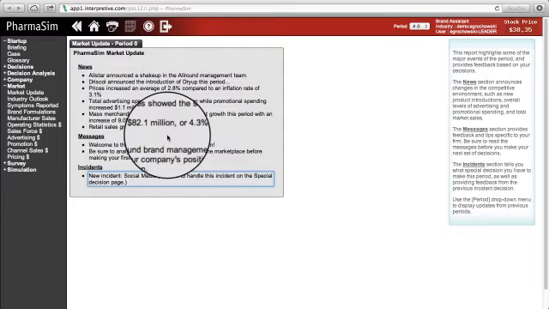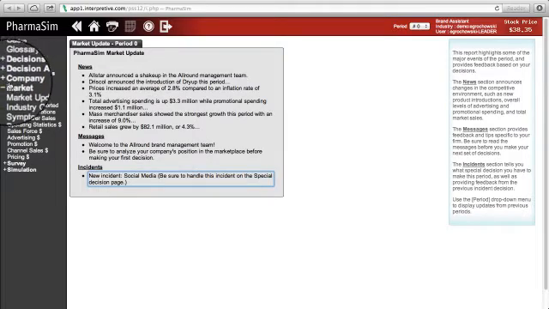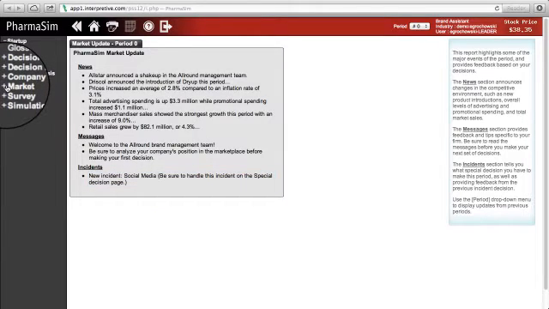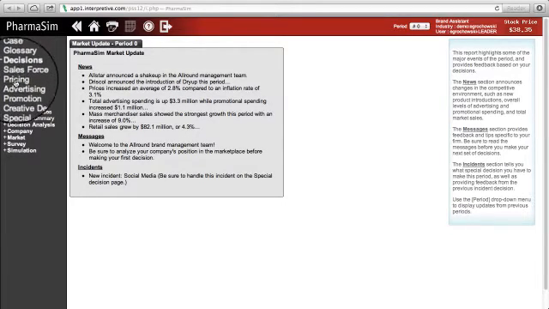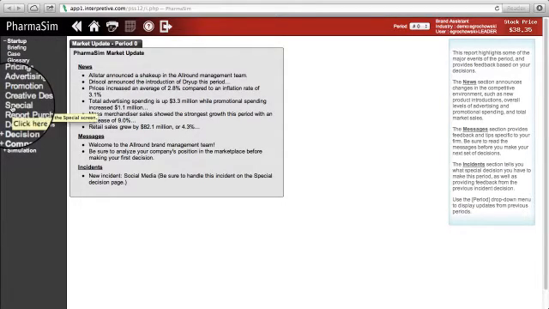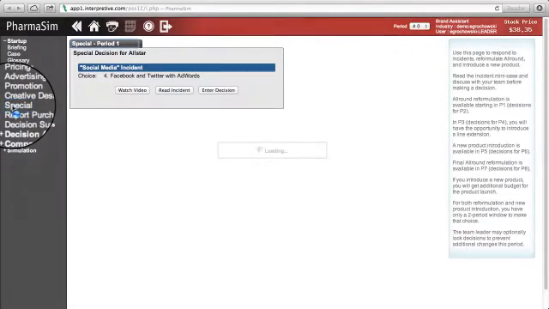And so when you're getting ready to update your decisions, first thing you want to do is go to decisions. First thing we want to look at is under special. That is where you can track your decisions for the incidents.